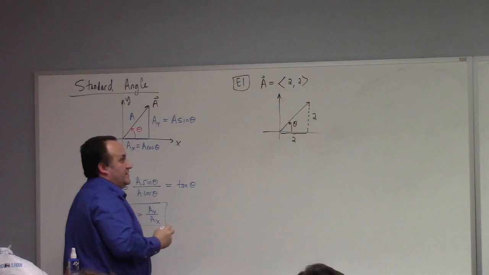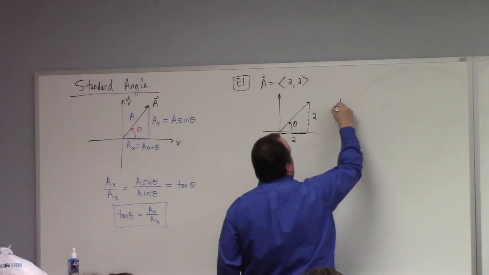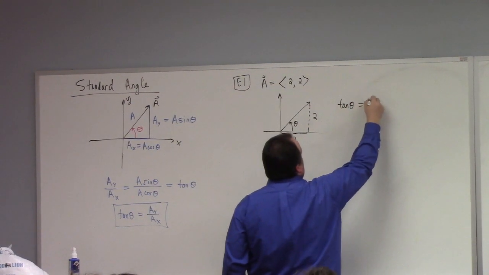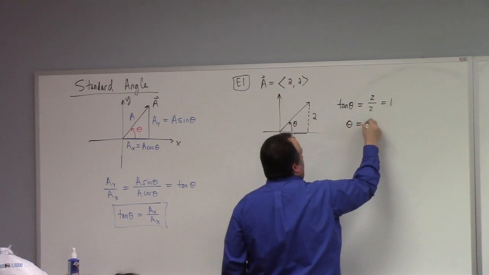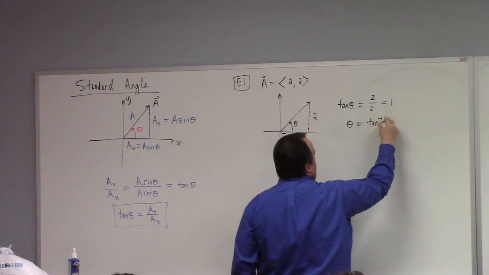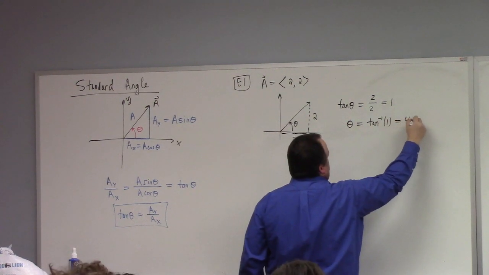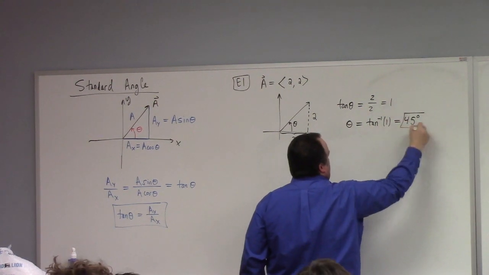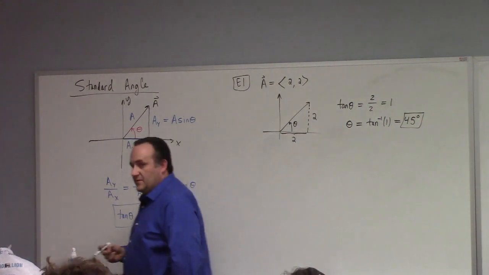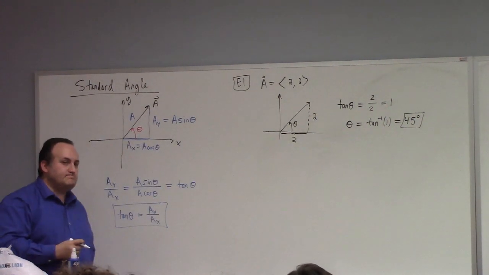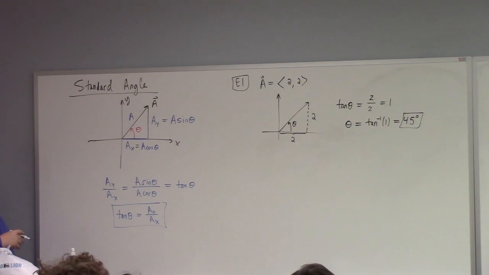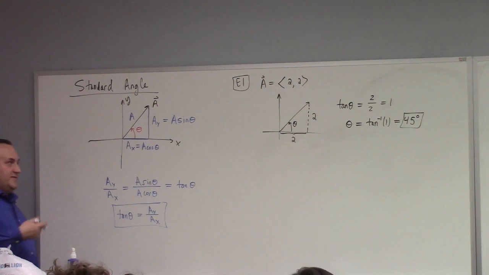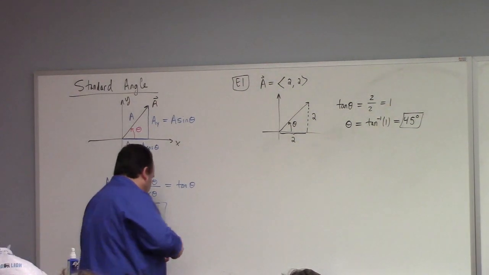So this makes tangent theta equal to 2 over 2, also known as 1. And theta we can calculate from inverse tangent of 1, which is 45 degrees. So the standard angle here is 45 degrees. All right? But, as I said, a little foreshadowing, this doesn't always work. You have to think about it, generally speaking.